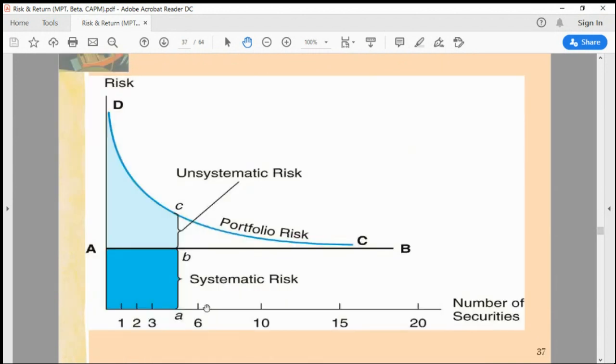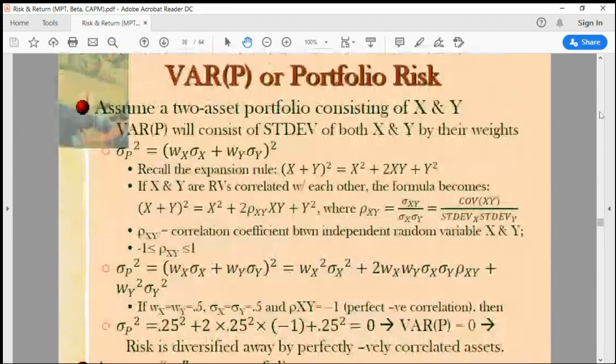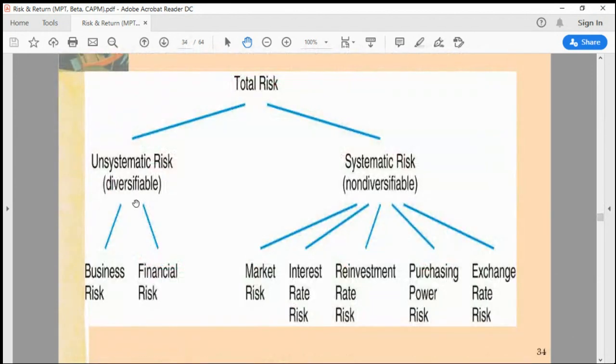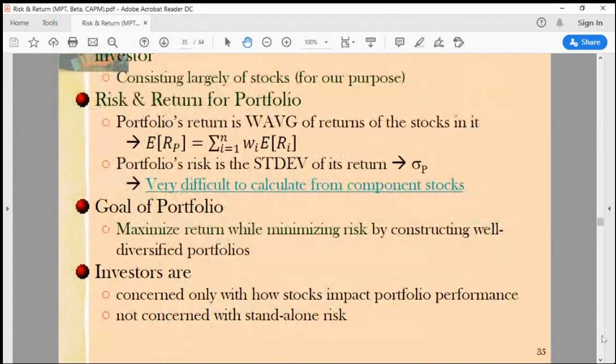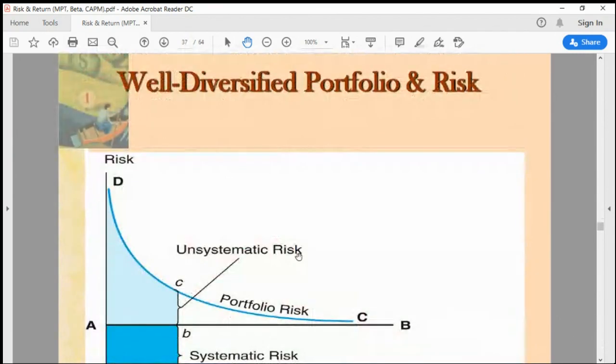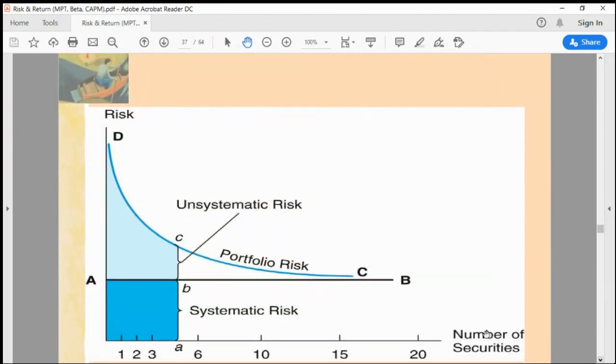Why? Because we talked about that because of unsystematic risk. Unsystematic risk can be diversified away, right? Portfolio diversification minimizes the unsystematic risk, so drastically the portfolio risk drops. But what goes down through diversification is the unsystematic risk.